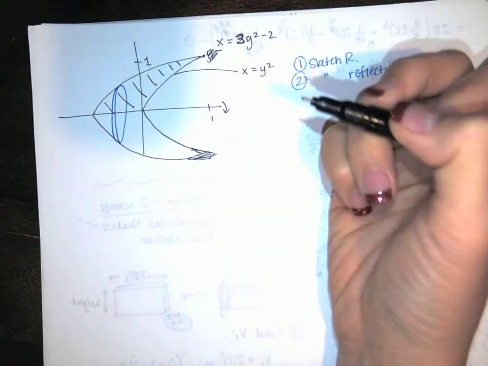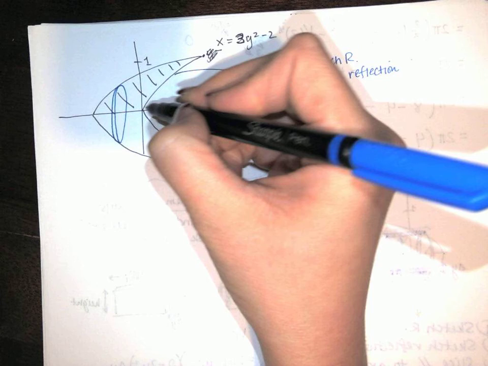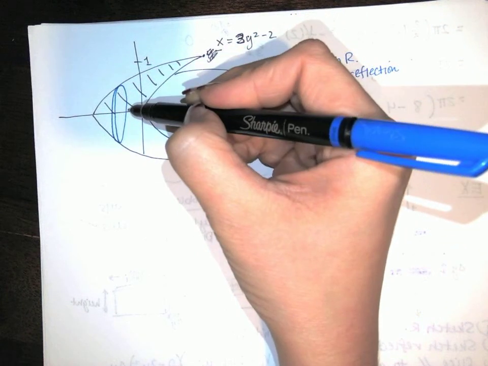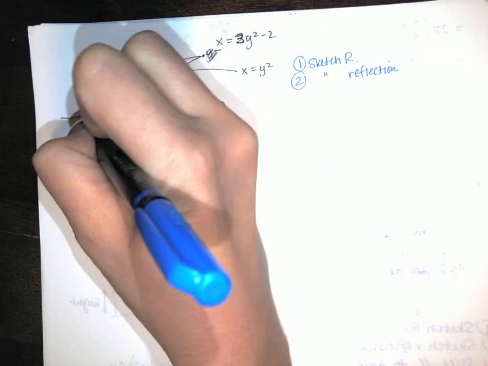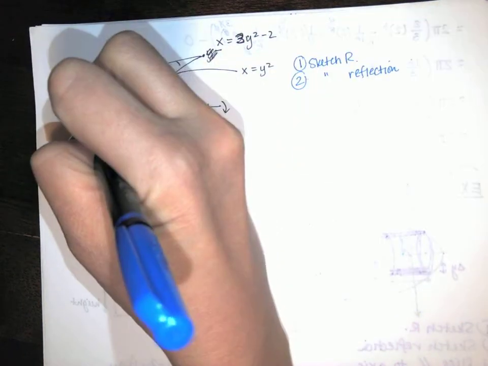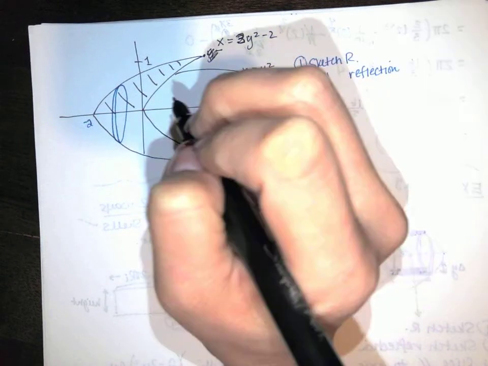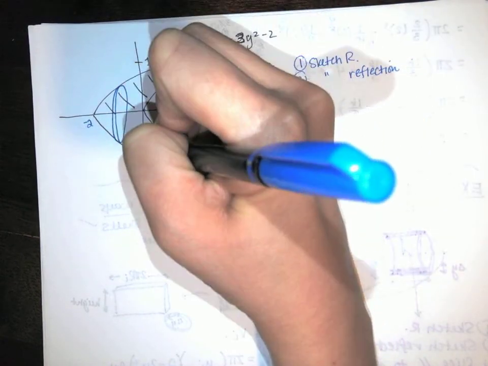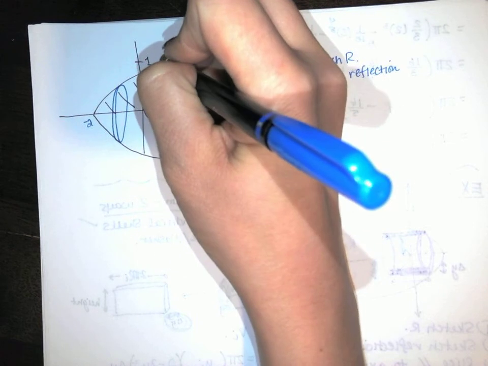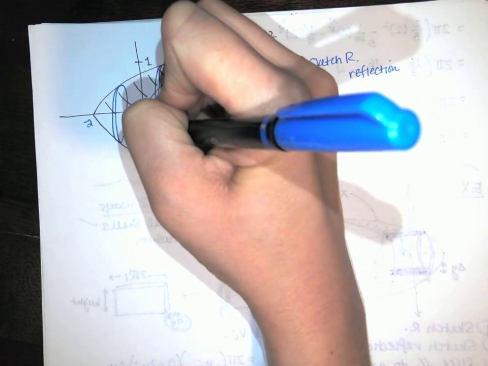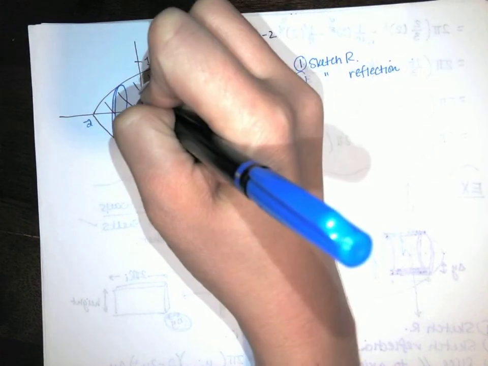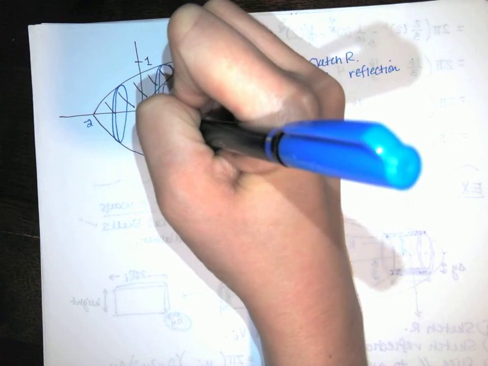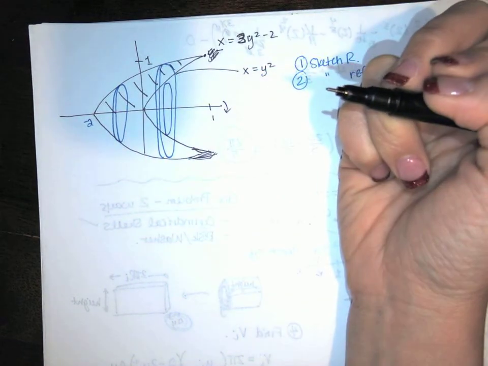Notice I have discs over here. There's no gap between my function and the axis for x between -2 and 0. But once I get past 0, all of a sudden there starts to be a growing gap in the middle. Things change a bit.